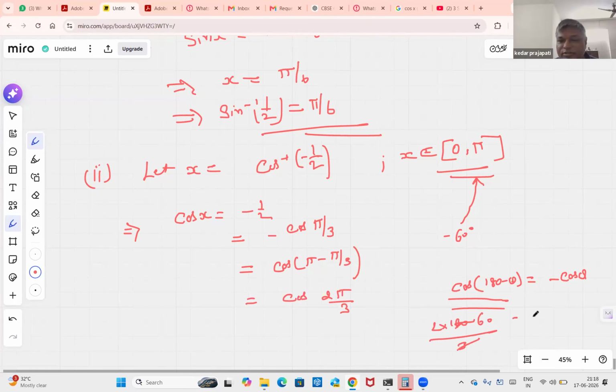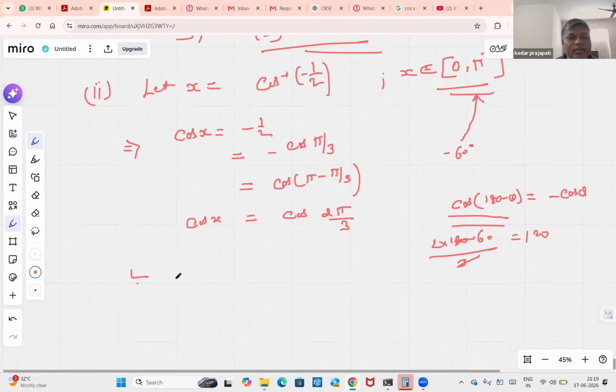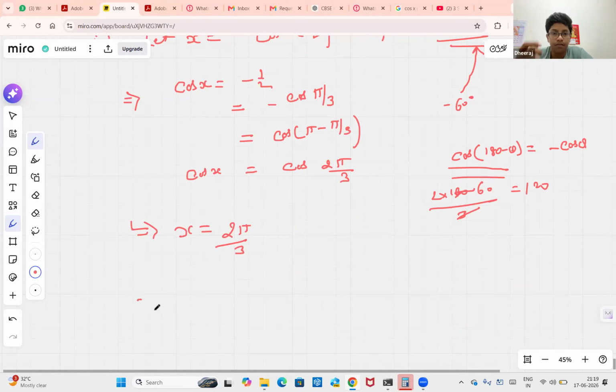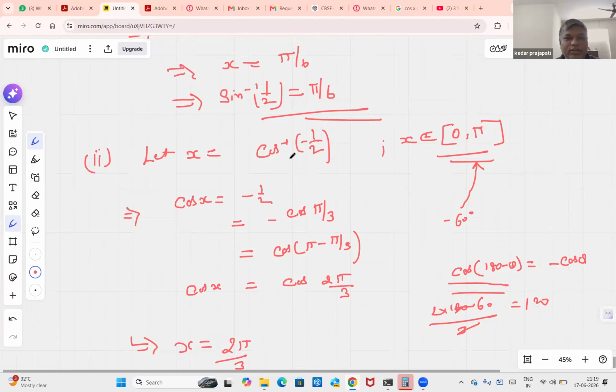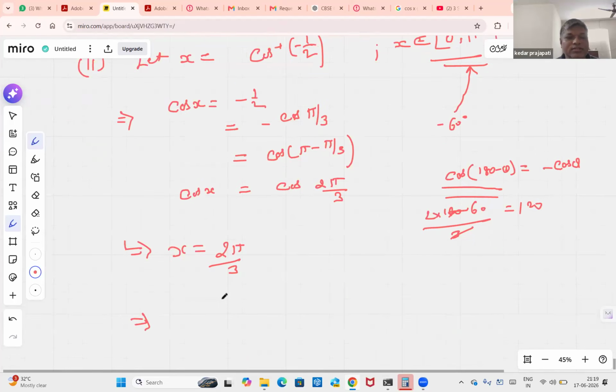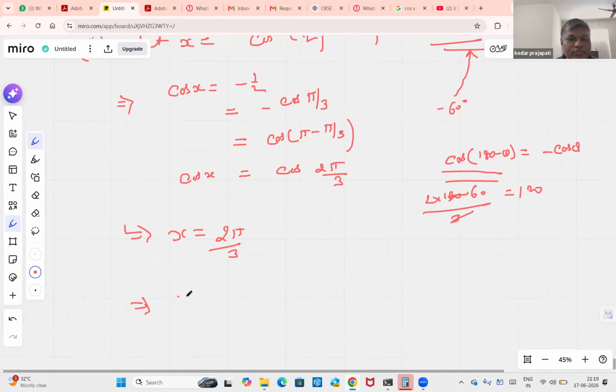So 120 is between 0 and pi, so now this answer is correct. Which implies x equal to 2 pi by 3. You can't leave it here. You have to also write cos inverse, because they are asking the value of cos inverse. Cos inverse of minus 1 by 2 is equal to 2 pi by 3. Is it clear?